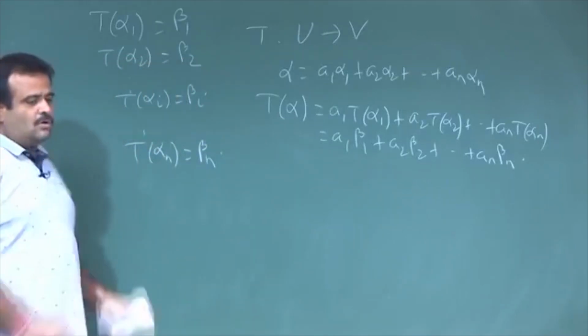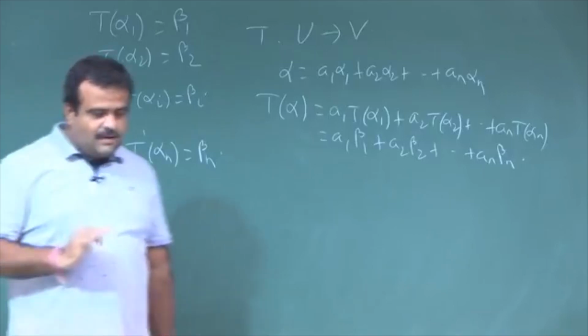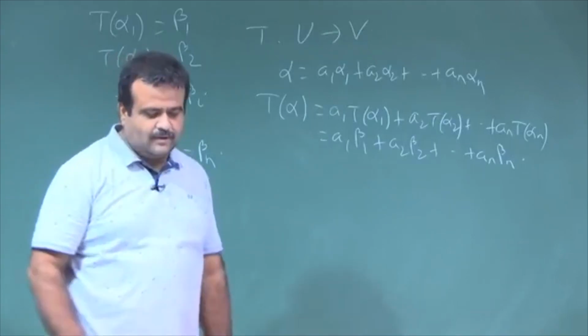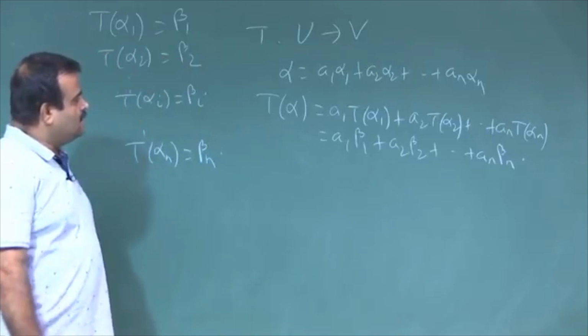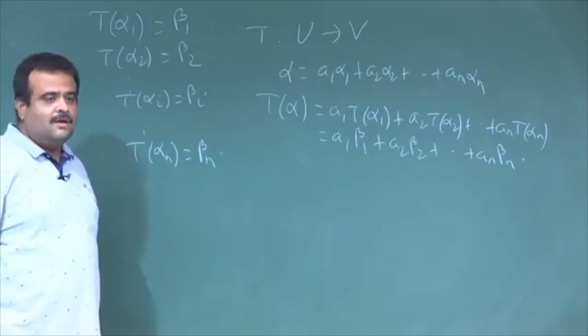Now, we will show this T is a bijective mapping. For that, first of all we need to show T is 1 to 1.